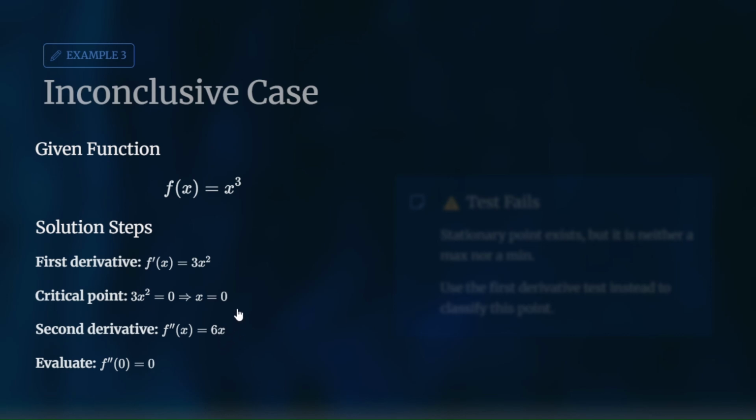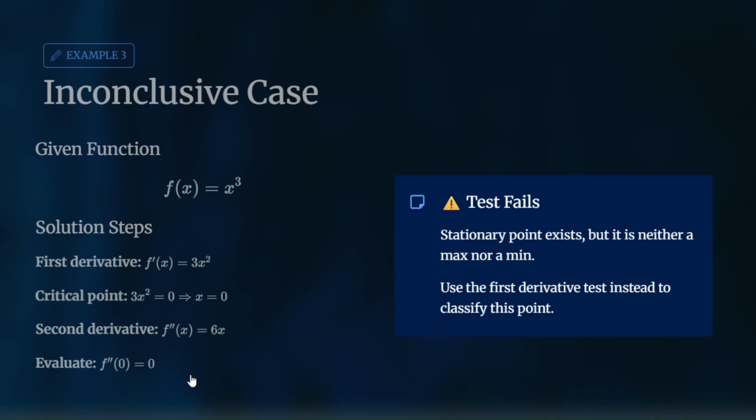If we substitute the critical point x equals 0 into our second derivative, f double prime of 0 is 6 times 0, which is 0. Now, since the second derivative is 0 at the point x equals 0, the test fails. The stationary point exists, but this test can't say whether it is a maximum or minimum. So in this case, you need to use the first derivative test instead in order to classify this point.